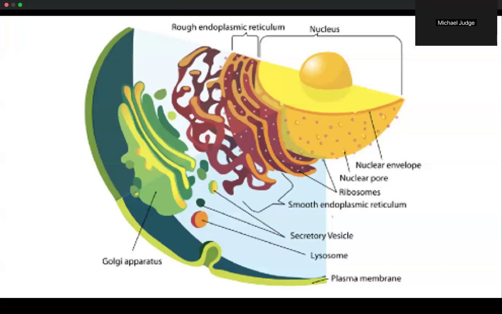When the amylase was fully modified and ready to go off and do its job, the Golgi apparatus would package it once again into a bubble of membrane called a vesicle, which would then ship to the plasma membrane, which is another way of describing the cell membrane, where the amylase would be dumped out of the cell and into your mouth.